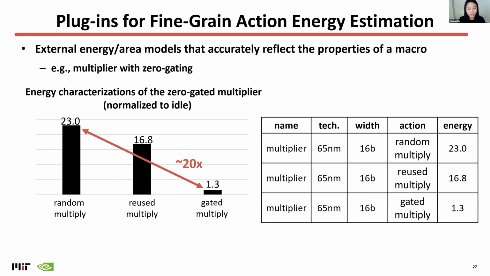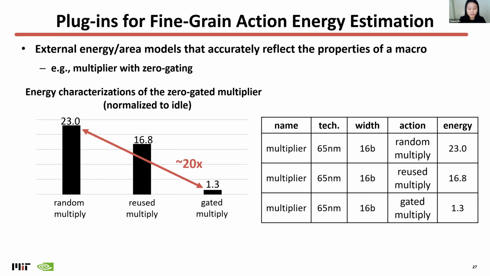The random multiply refers to a normal multiply where its 2 operands are constantly changing across consecutive cycles. Therefore, basically all of its wires are switching during this computation, resulting in very high energy consumption. The second action, reuse multiply, refers to the fact that one of the operands stays constant across consecutive cycles, making the wires related to this operand idle for this computation.